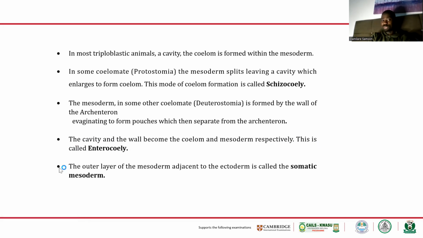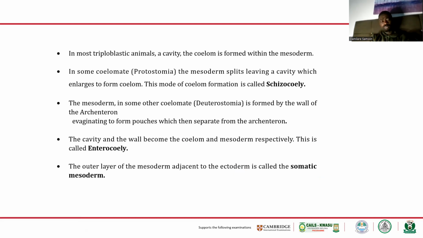So they are trying to tell you how the coelom comes in place. The cavity of the wall becomes the coelom. So we already know about the coelom, the fluid-filled cavity, and the mesoderm respectively. So together, it is called what? Enterocoely. Now, the outer layer of the mesoderm adjacent to the ectoderm is now called the somatic mesoderm.